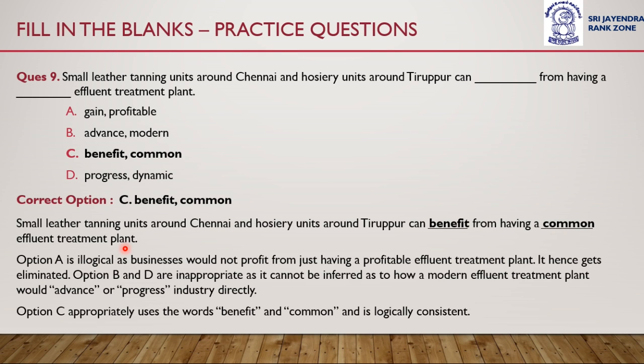Options B and D are inappropriate, as it cannot be inferred how a modern effluent treatment plant would advance or progress industry directly. Option C appropriately uses the words benefit and common and is logically consistent. Therefore, option C is the correct option.